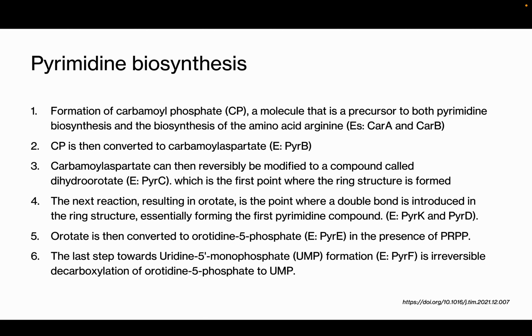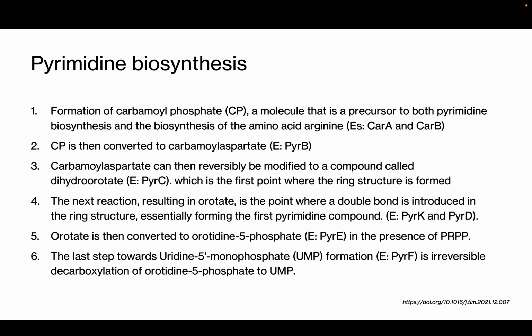The process for pyrimidine biosynthesis begins with the formation of carbamoyl phosphate, which is also used for pyrimidine and amino acid production, particularly arginine. The enzyme involved is enclosed in parentheses.